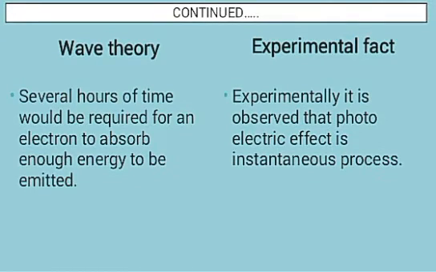Each electron should absorb enough energy, so it takes longer time. So, the electron can take longer time to overcome the attractive force and escape out of the metal. But experiments show that photoelectric effect is an instantaneous process.